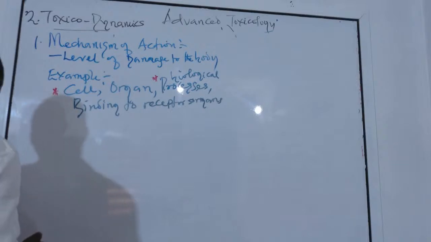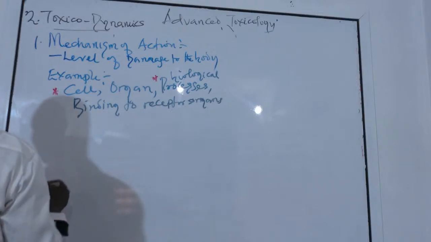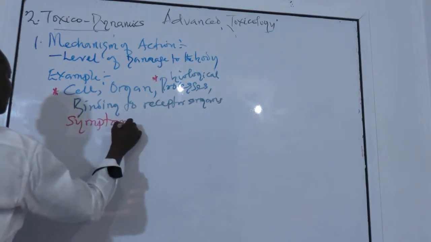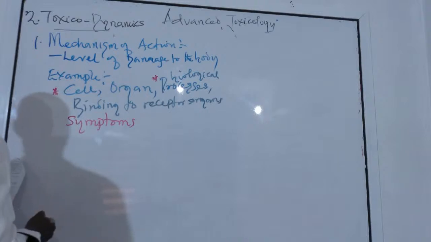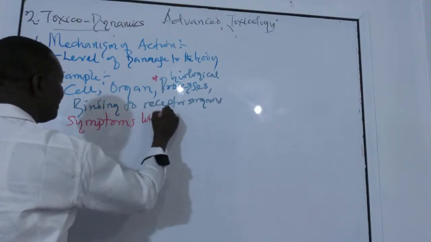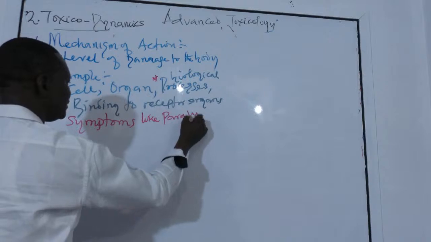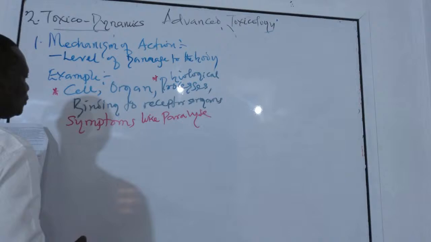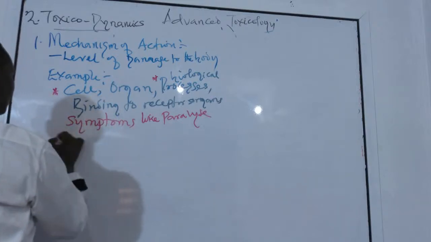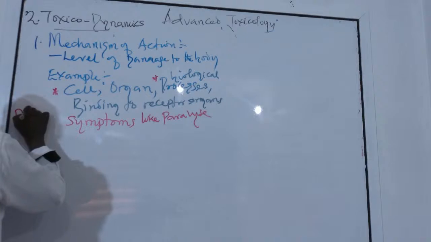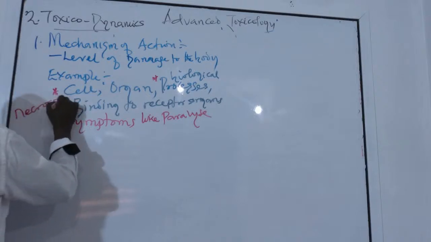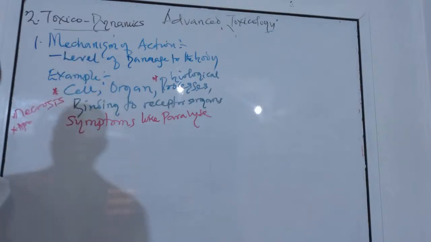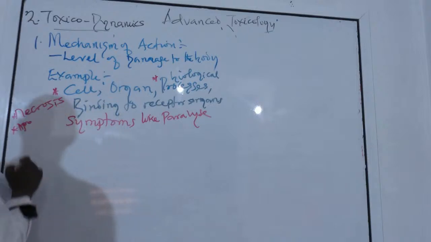Then some will not even bind, but will lead to symptoms such as paralysis, paralyzing certain organs and rendering them inactive. Some will lead to what is called necrosis and apoptosis. These are part of the mechanism of action of toxic substances.